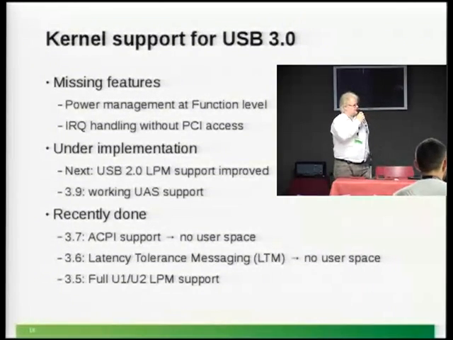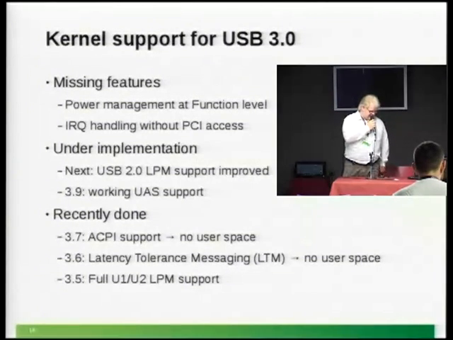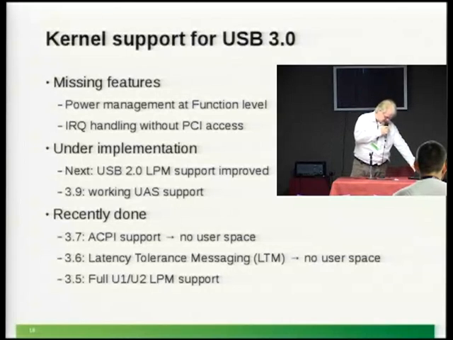Recently we did the ACPI support I talked about, but we're still missing a user space component. We did latency tolerance messaging, which the kernel now can do since 3.6. Again, we are missing the user space component. And in 3.5, we added the link power management support for USB devices. And that is about what we added in the last 18 months. So let me go to the details.